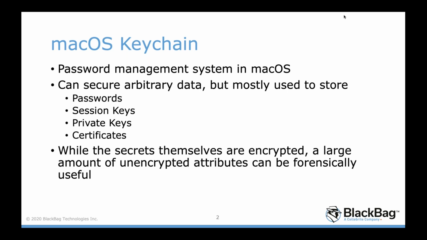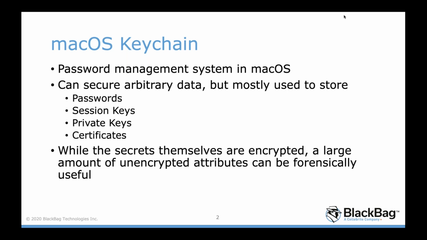The important thing to note, and we'll give a bunch of examples about this, is that while the secrets themselves are encrypted, there's a large amount of unencrypted attributes that you can think of as metadata for each one of these records that are stored, that can be forensically useful.